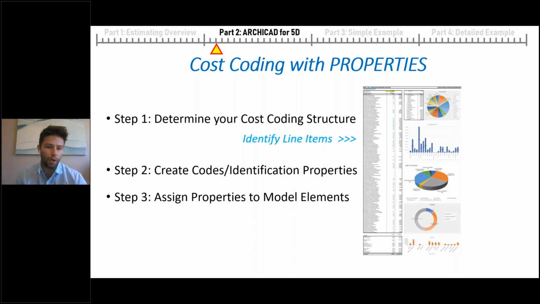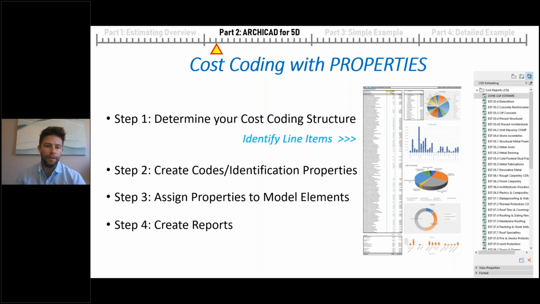Then we just assign those properties to our model elements and use those properties to generate reports. And these properties can be a really useful tool for setting up the criteria for extracting model data based off those properties we assign. So it's a really powerful feature in ArchiCAD, and really helps you organize your model content in a powerful way.